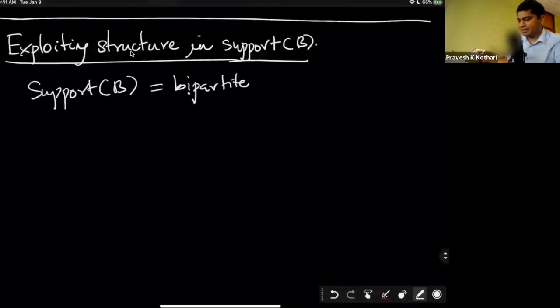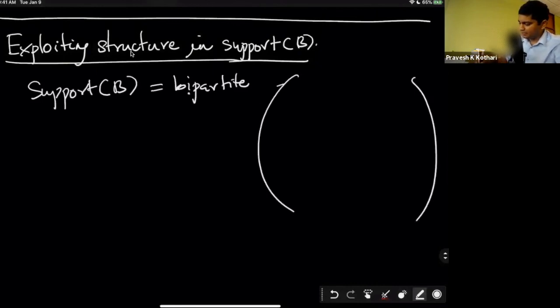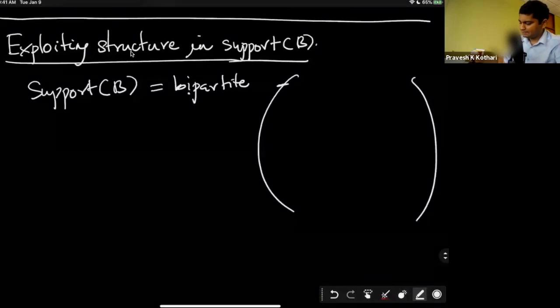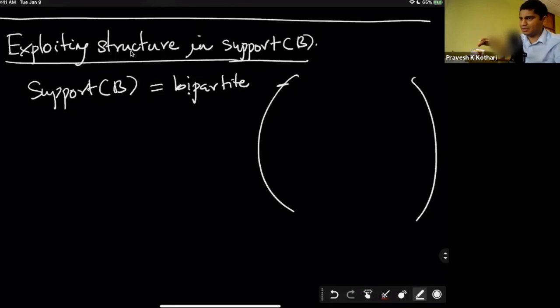How does a matrix B look? Well, we already said the diagonals are 0. And if the graph is bipartite, then for any row, any vertex can only have edges to vertices on the other side of the bipartition. So let's say n is even; in fact, let's say we have a 2n by 2n matrix.